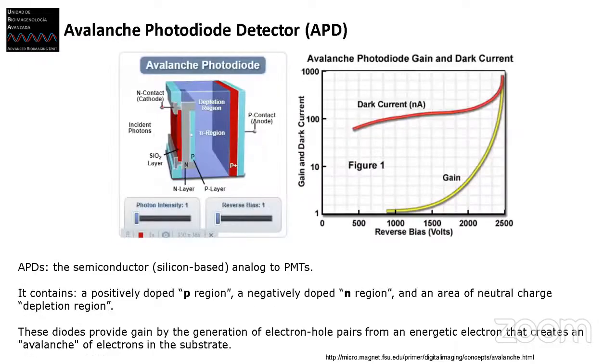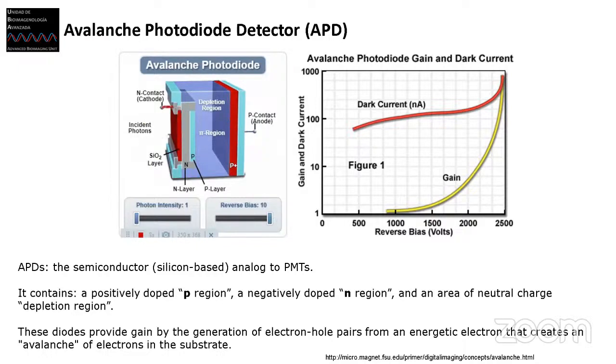In the APDs, in the avalanche photodiode, we don't have this cascade of amplification. This happens because we apply a voltage between this doped region and the detection. The more power we apply through here, you will see that we can go from a gain of 1,000 to 2,500, and we can increase the amount of signal quite heavily.